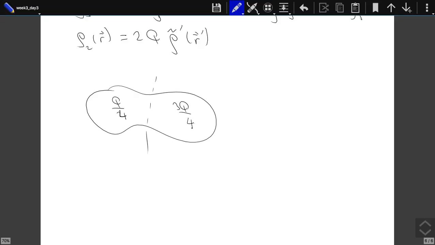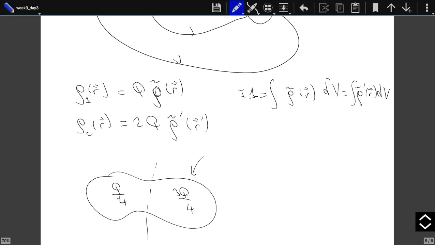Then I put an additional plus Q charge. One way of thinking might be, there is more charge over here, so they will be pushing these additional charges to the other side. So there will be, let's say, 3Q over 4 on this side, Q over 4 on this side of this additional charge. So these are the additional ones that I add.